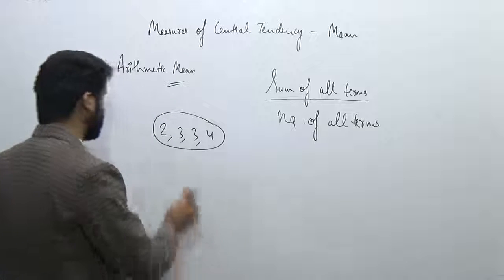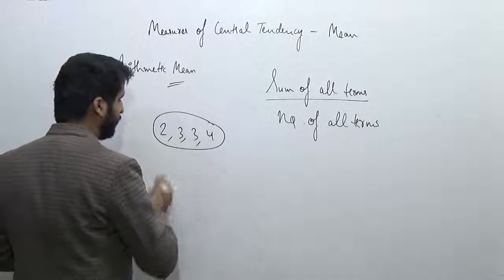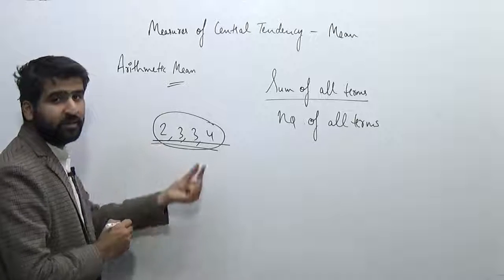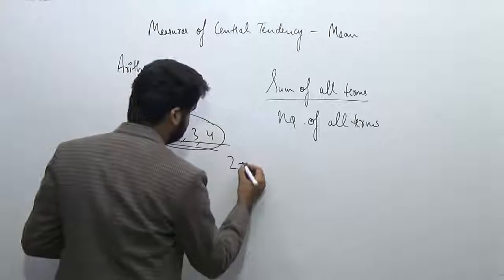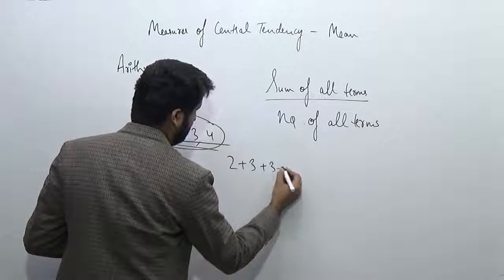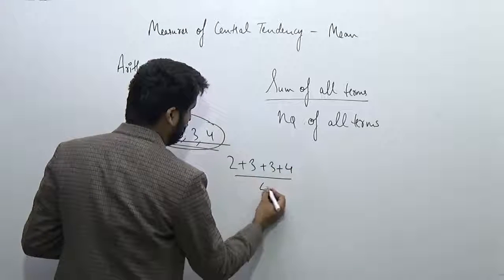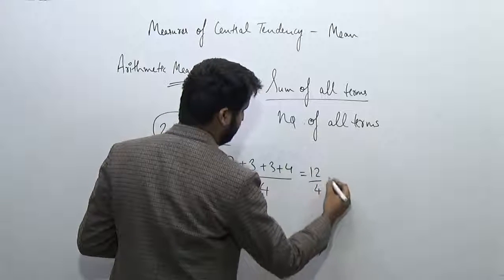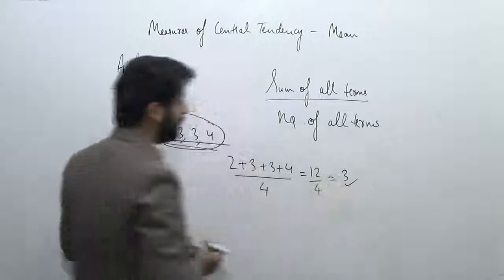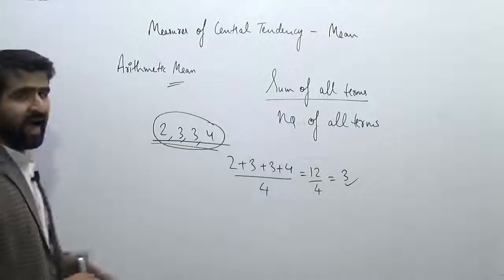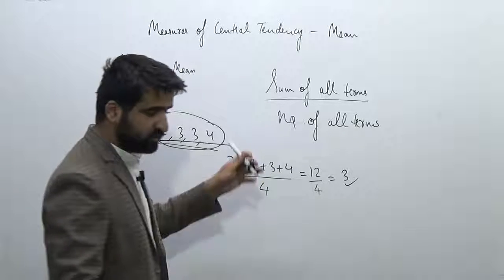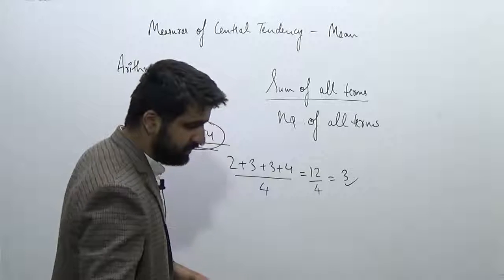To find the average of this data, we'll take the sum of all these 4 terms and divide it by the number of terms, which is 4 over here. So 12 divided by 4 is equal to 3. So the mean, or the average, for this data will come out as 3. That's how we calculate the arithmetic mean.